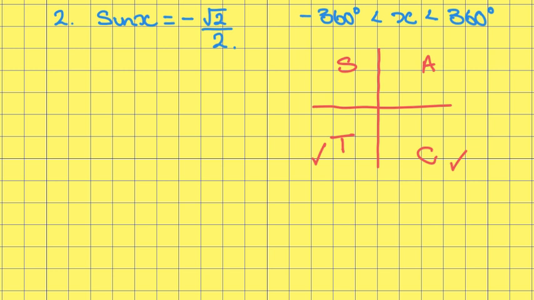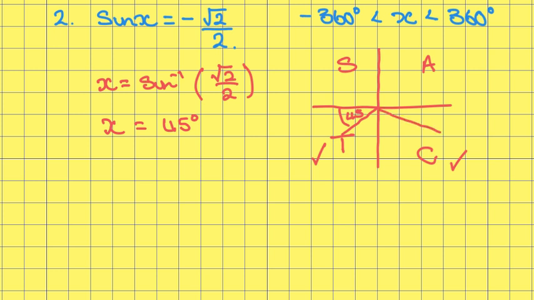So the first thing we'll do is find the acute angle first. So x equals sine to the minus 1 of root 2 over 2. So x equals 45 degrees. So 45 degrees is there in quadrant 3 and there in quadrant 4.